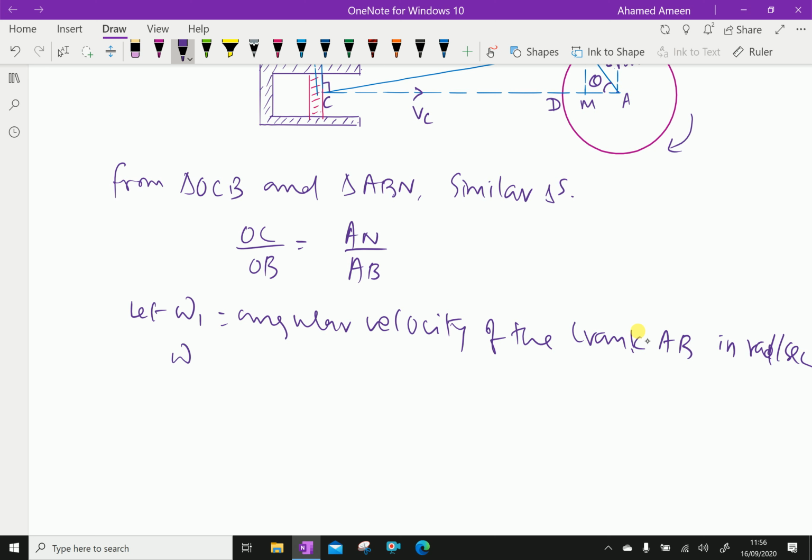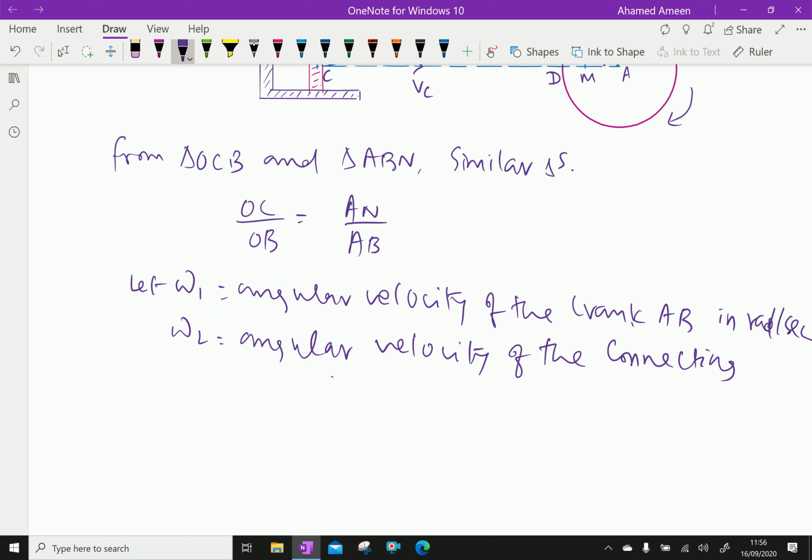Say omega 2 is the angular velocity of the connecting rod BC about O in radians per second.